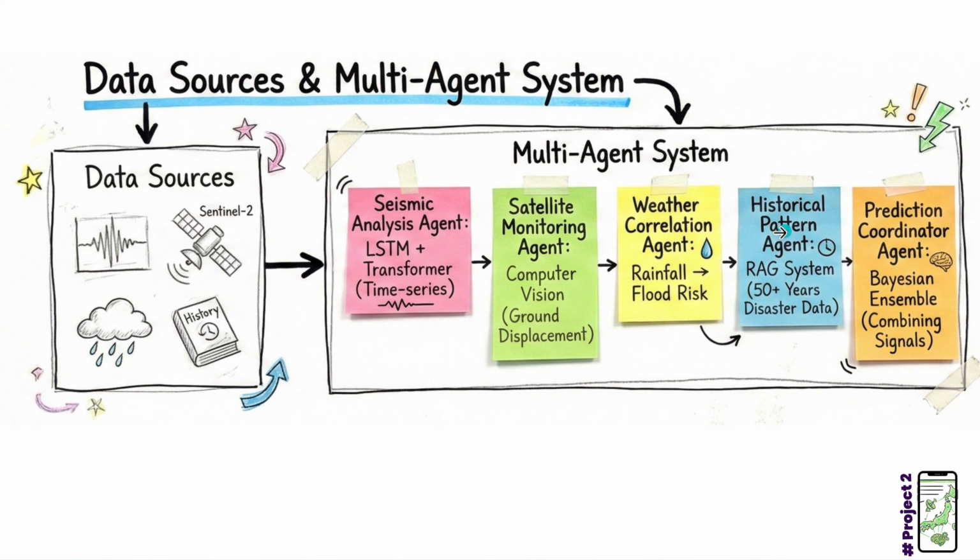Then we look at historical patterns using RAG. Anytime we need a system with databases of text, we can use RAG. Finally, a prediction coordinator agent can use machine learning in the simplest way to combine all of these signals. Basically, we combine a number of signals together to get a very good prediction.